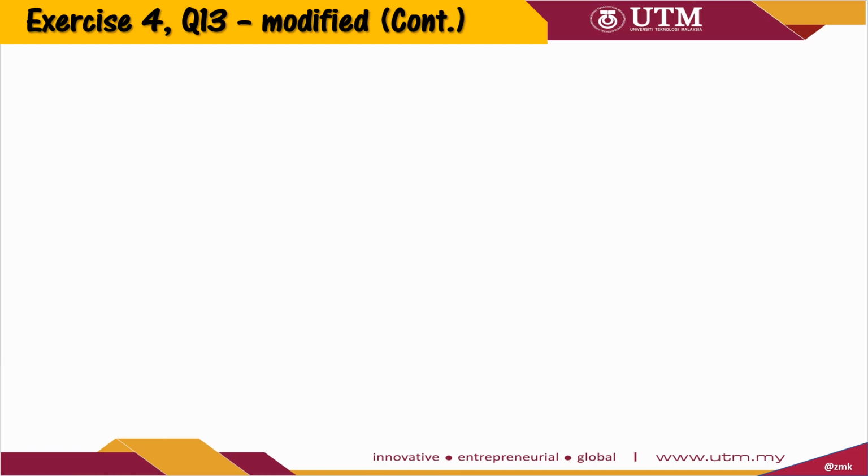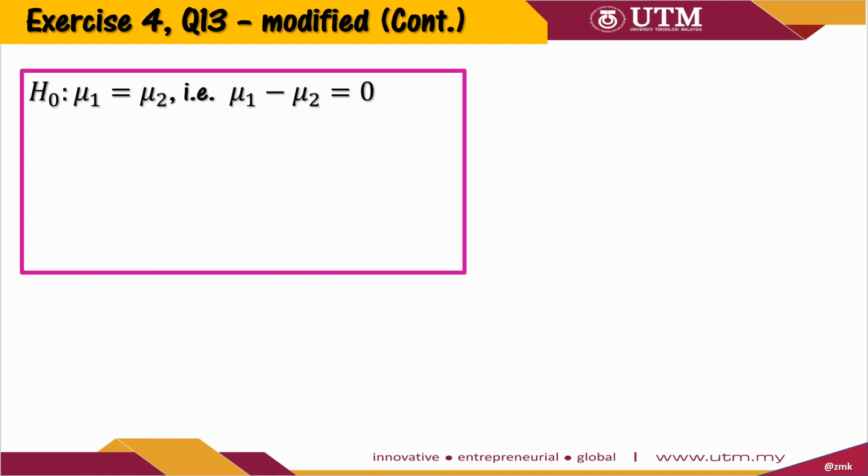Therefore, we can write the hypothesis statements as follows. H0: mu1 is at most, or simply equal to, mu2, or mu1 minus mu2 is equal to 0, whereas under H1: mu1 is higher or greater than mu2, or mu1 minus mu2 is greater than 0.